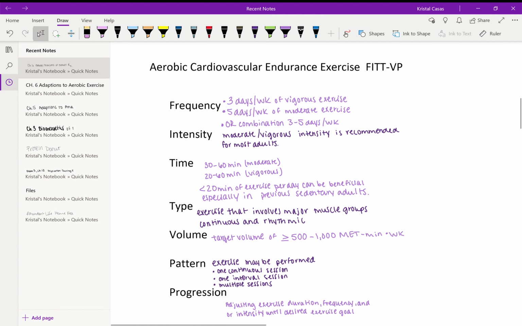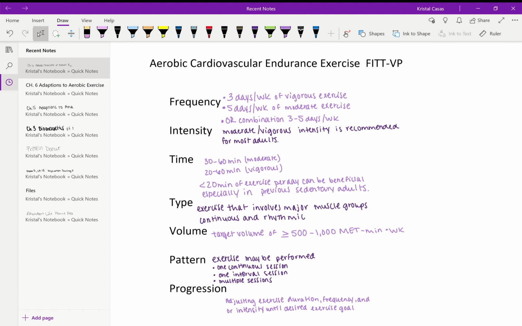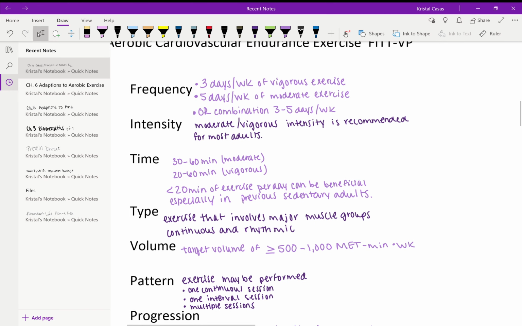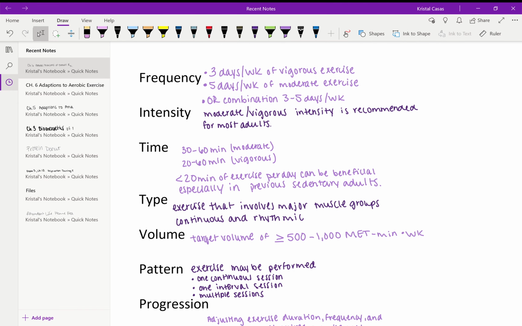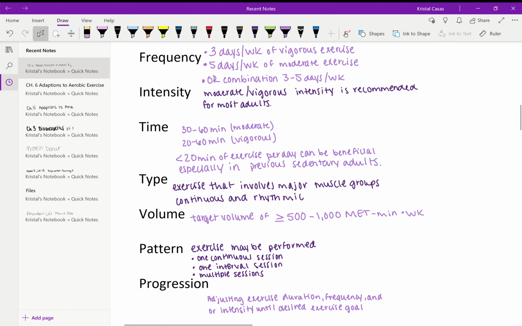So now we're getting into the cardiovascular endurance exercise FITT-VP. For frequency, you want either 3 days of vigorous exercise, 5 days of moderate, or a combination of 3 to 5 days of both. Intensity, moderate to vigorous intensity is recommended.